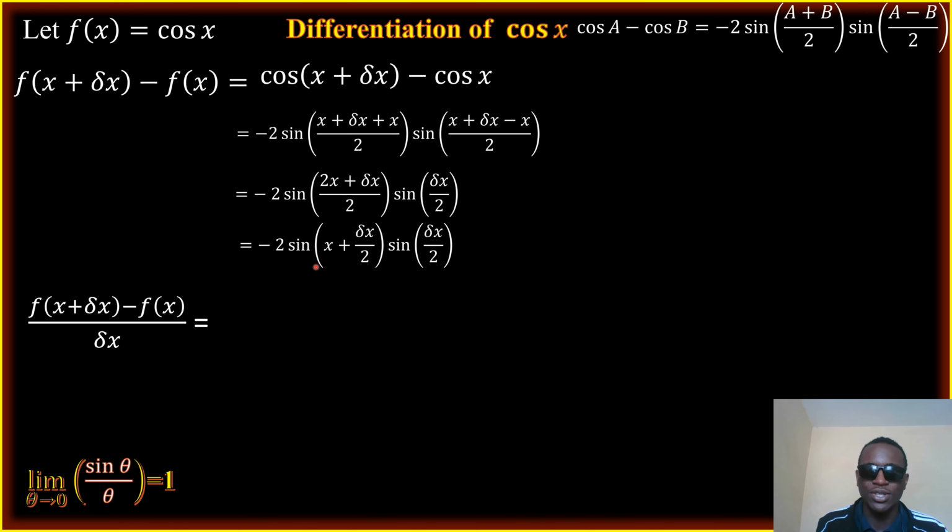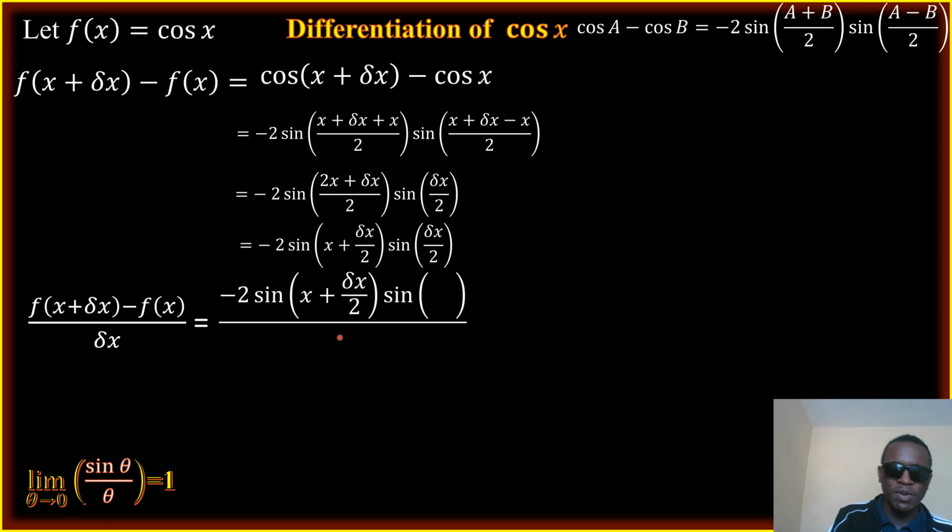This expression divided by delta x, exactly that. So we just copy and paste. Copy this expression that I have here, put it at the numerator, and the denominator remains delta x.